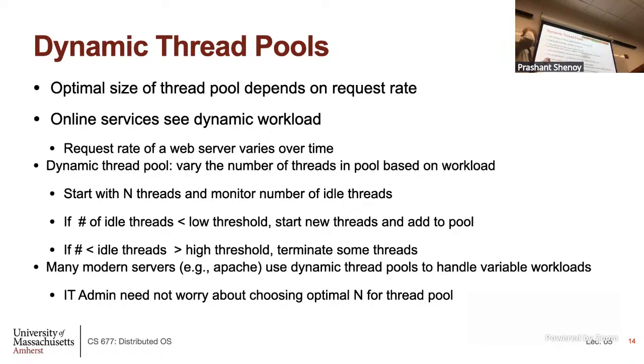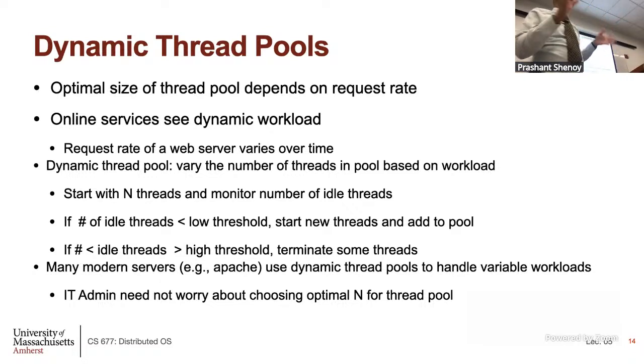And vice versa. If the number of idle threads exceeds a high threshold, you will say, I seem to have too many threads. They're just sitting idle. Let's terminate some and reduce the size of the thread pool. So you are varying the size of the thread pool based on the load. As the load rises, the number of idle threads in the worker pool will drop, and you will increase the thread pool size. As the load drops, you will have more idle threads, and you will start decreasing it.